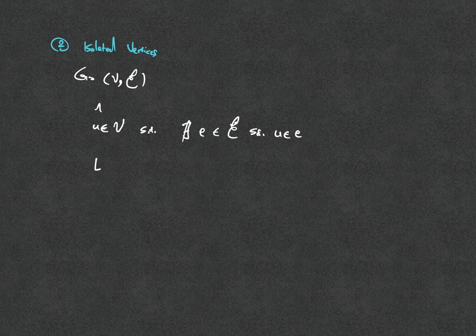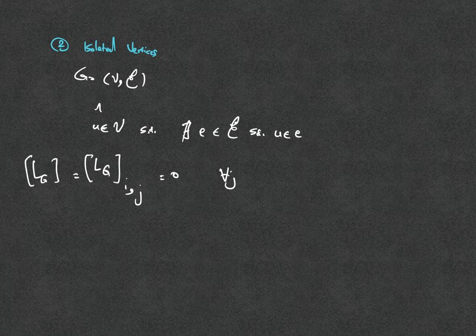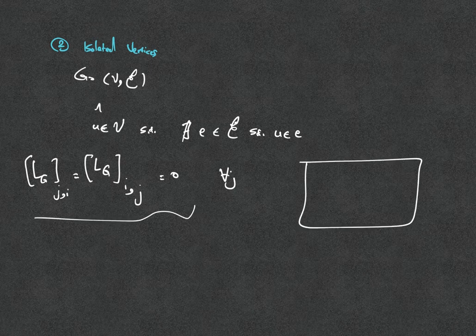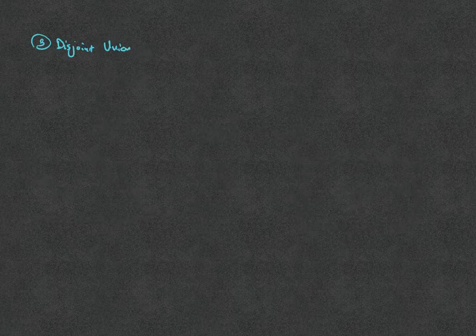Meaning that if you consider the Laplacian L_G, L_G(u, j) is going to be 0 for all j, and also the column as well. So for all j, the row and column associated with u are going to be 0. So if this is the Laplacian and this is the uth index, this plus sign here is entirely going to be 0.